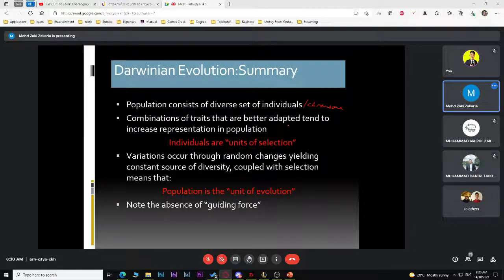For chromosome, we can draw like this. This is one chromosome, second chromosome, third chromosome, and so on. So for 10, we need to draw 10 figures like this. Okay, for 100, you need to draw 100.